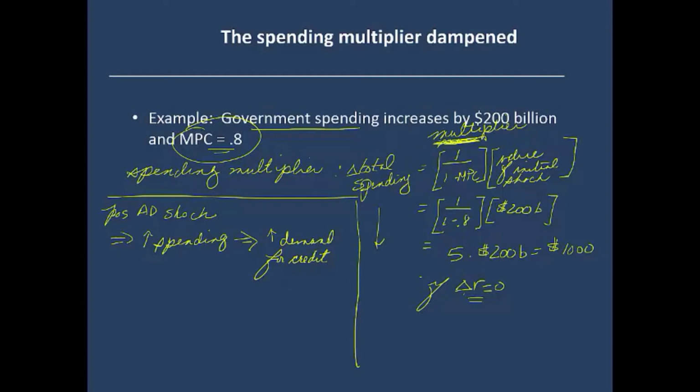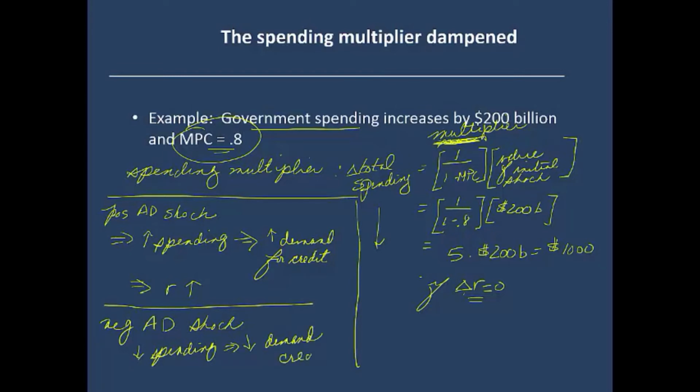Also, firms may also increase their demand for borrowing as well. So this increased demand for credit is going to push up real interest rates. Now, we don't have a negative aggregate demand shock in our example, but just for thoroughness, if we had a negative aggregate demand shock, then as spending falls, the demand for credit would fall, and interest rates would decline.